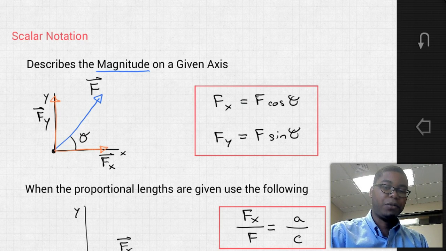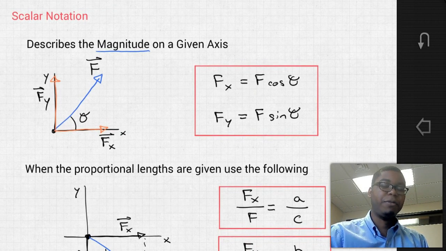So Fx is equal to the magnitude of the force vector times cosine of theta, and Fy is equal to the magnitude of the force vector times the sine of theta, where theta is the angle relative to the x-axis.